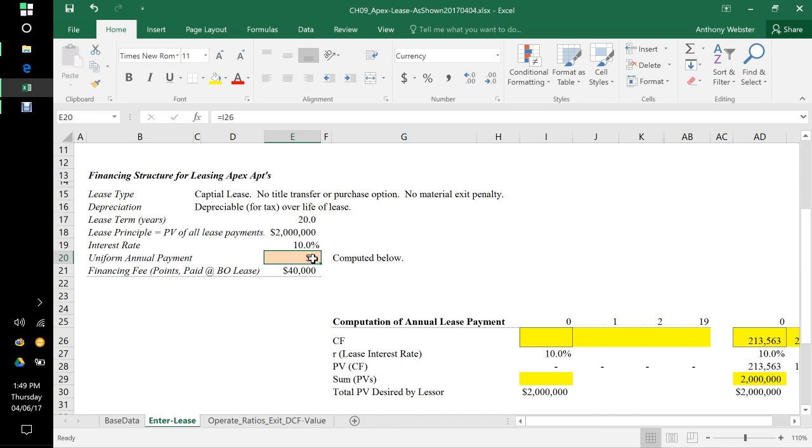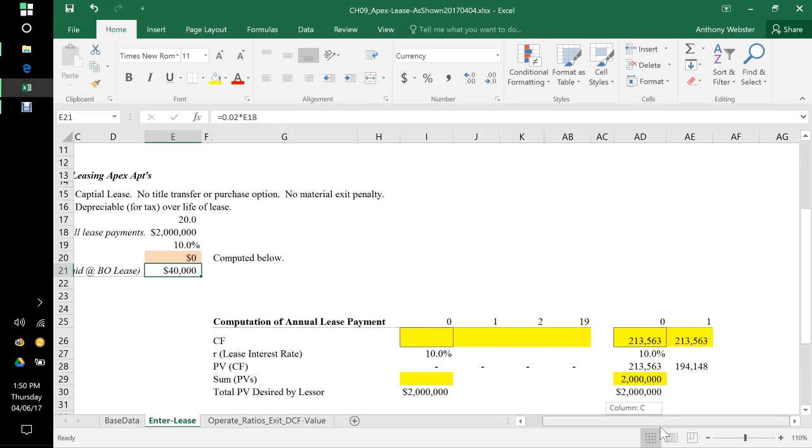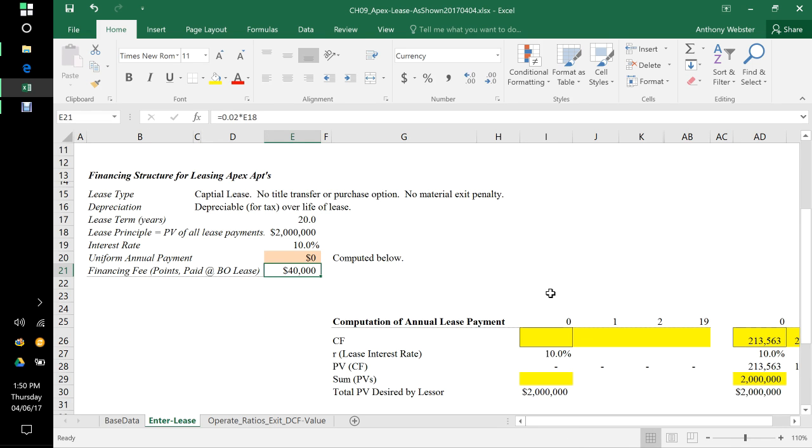As you can see, because this says equal I-26, when we get the right thing in I-26, this will automatically be filled in. And the points that the lessor is going to charge, which are going to be paid at the beginning of the lease at t equals 0, are $40,000.